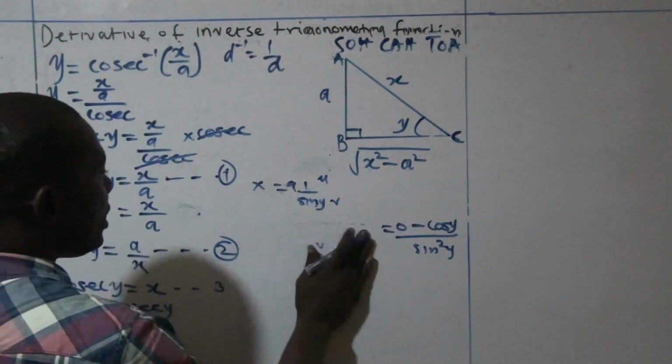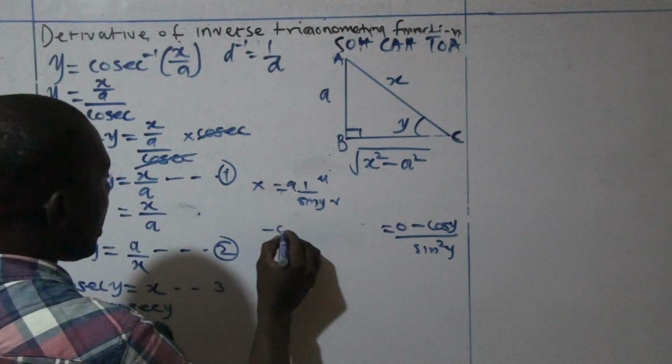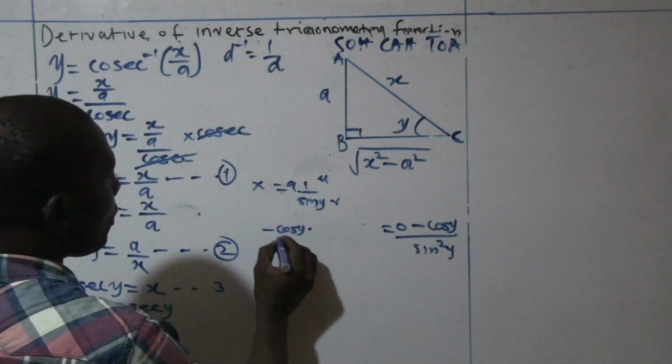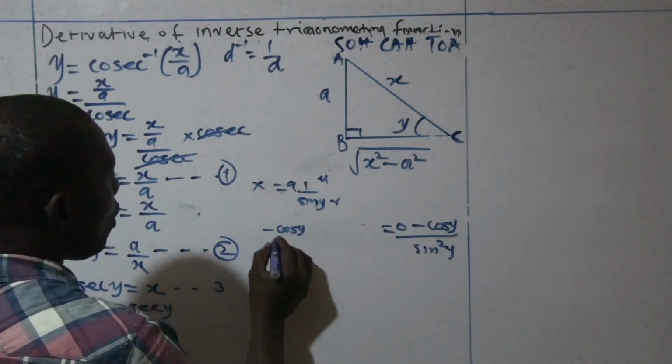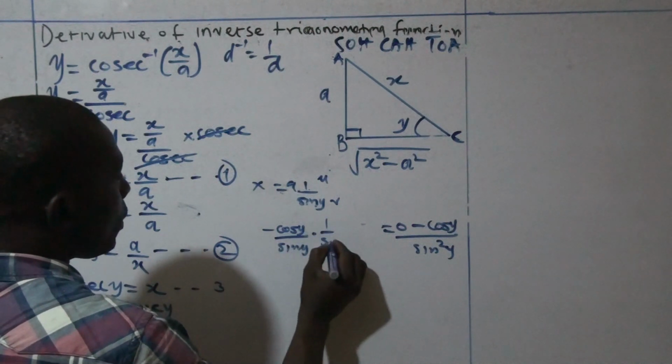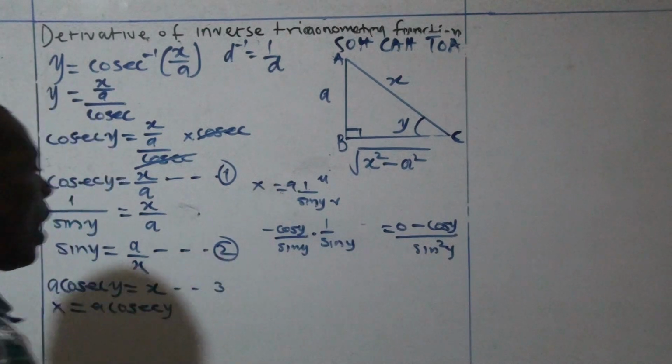So the derivative of that will become minus cos y over sine y times 1 over sine y.